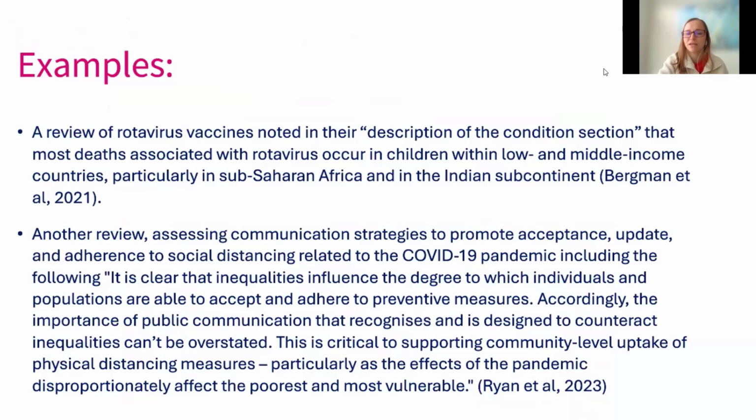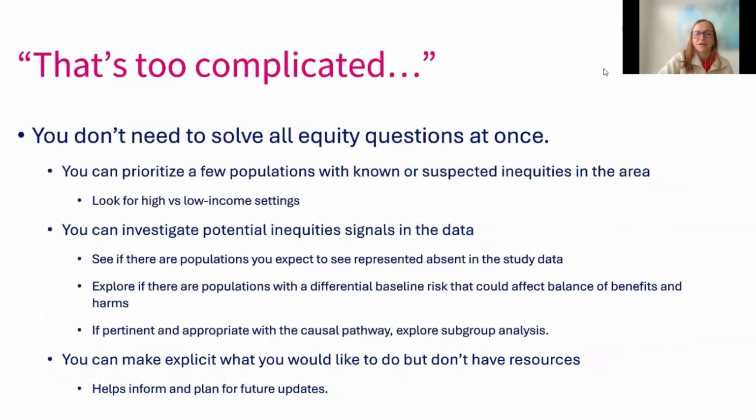And then there's another review that looked at communication strategies for COVID-19, and they found that inequalities are influencing the degree to which individuals and populations are able to accept and adhere to these COVID-19 preventative measures.